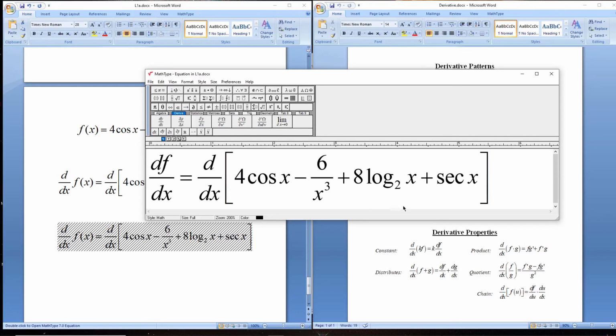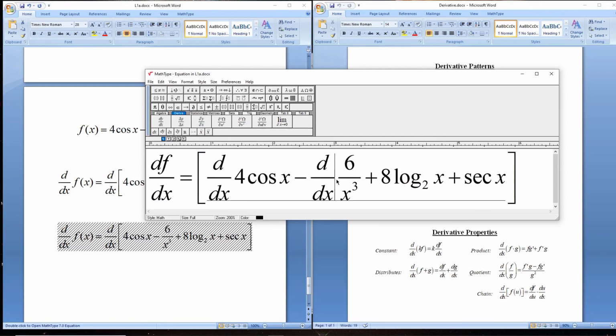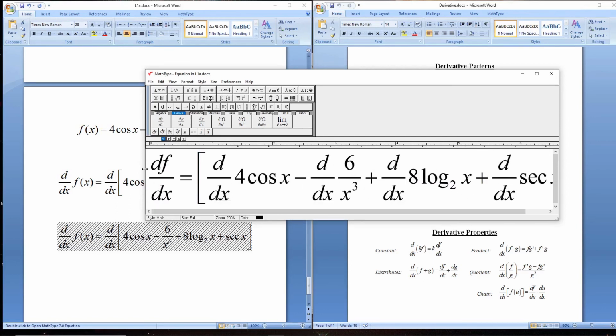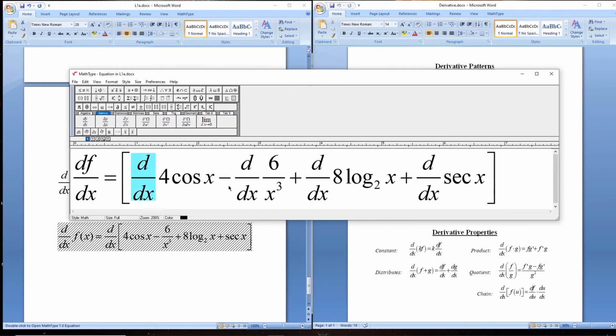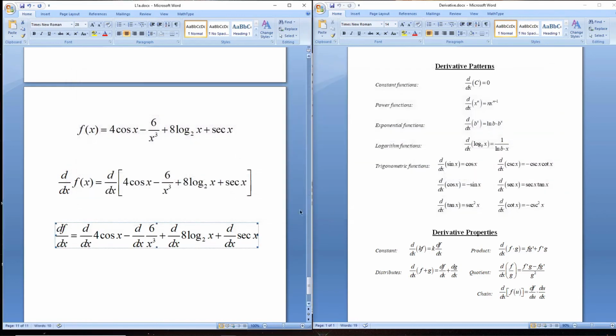And then on the right side, the first thing we would do is distribute the derivative. That'd be the first thing we do here. And we don't need the parentheses anymore because we've distributed the derivative. So if I was writing this out thoroughly, this would be my next step.